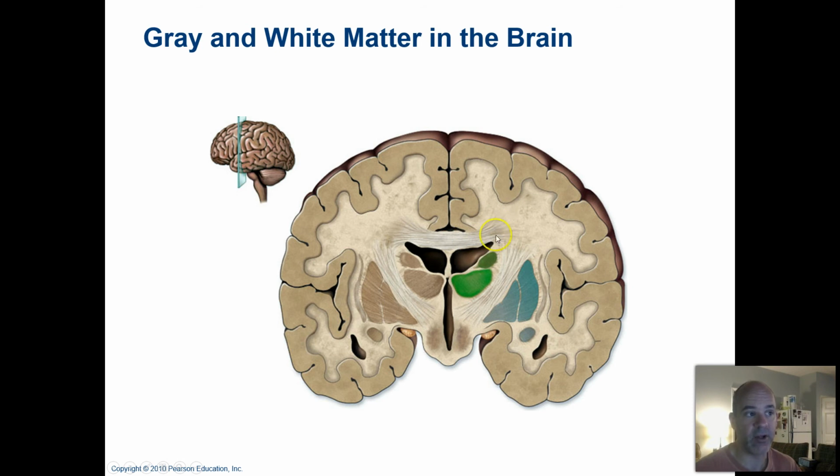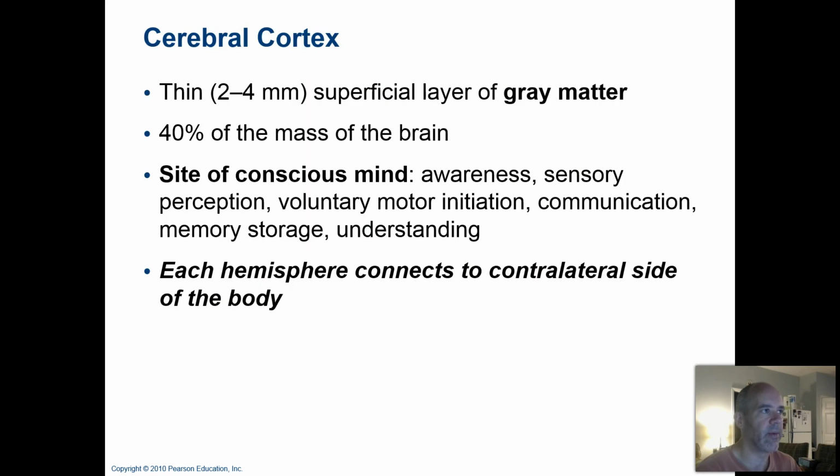And that is a location where you have a lot of crisscrossing of nerve fibers, myelinated axons from one side of the brain to the other. And then in earlier video lectures, we saw how you can have axons that are extending downward from the brain down into the spinal cord. And at some point, they cross over from left to right or from right to left. So that's why the left side of the brain tends to control the right side of the body. The right side of the brain tends to control the left side of the body.